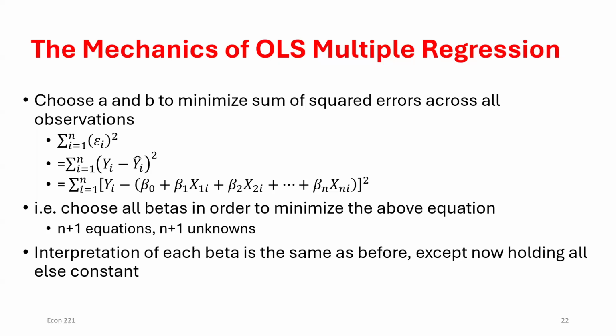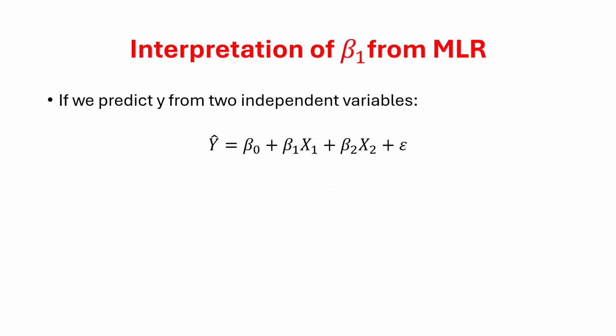Then we would have n plus 1 equations, n plus 1 unknowns. We could do this math. The math would not be fun, right? It'd be a lot of algebra, right? In fact, what you would end up doing is using linear algebra to then solve for these. So we're not going to have to do any of this by hand. Stata does all the work for us. So behind the scenes, it takes all these derivatives, sets these equations, has these 5 equations, 5 unknowns, and then solves for all of what those coefficient values should be. Okay.